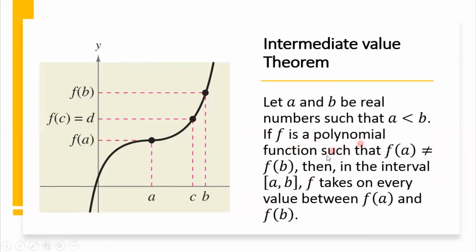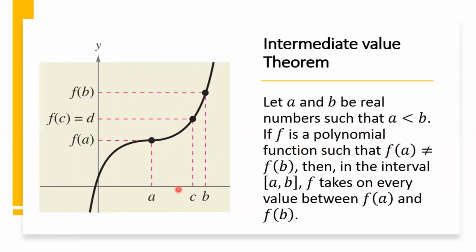If f is a polynomial function such that f of A is not equal to f of B, then in the closed interval A and B, f takes on every value.